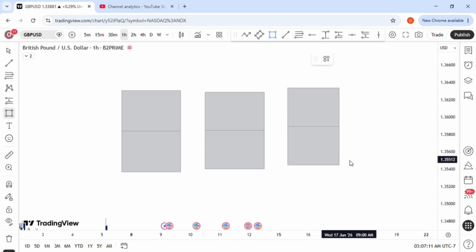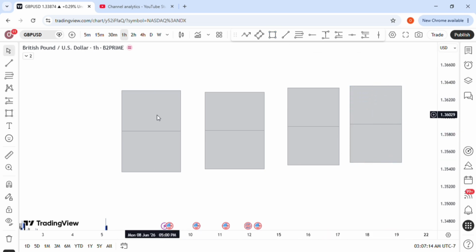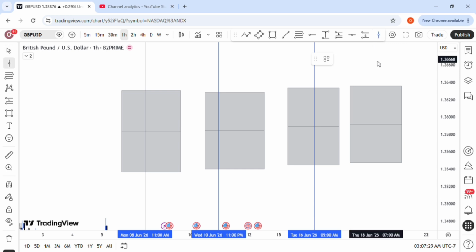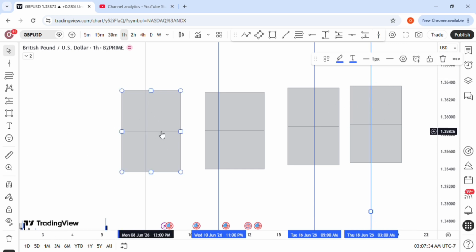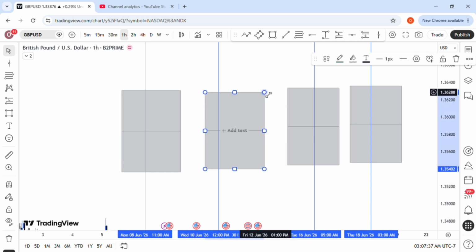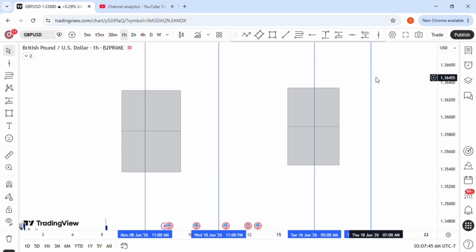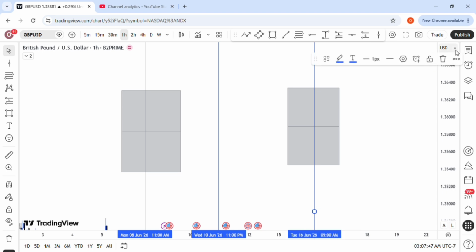I think we have, first of all, the Asian session, the New York session, and the London session. The Tokyo session overlaps with the Asian session, while the London session overlaps with the New York session. You understand? So let's take all this off.